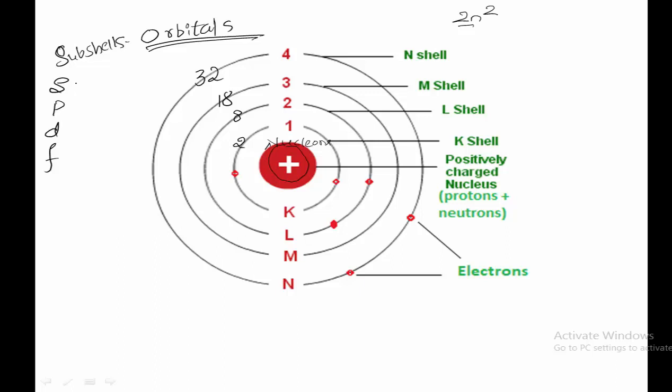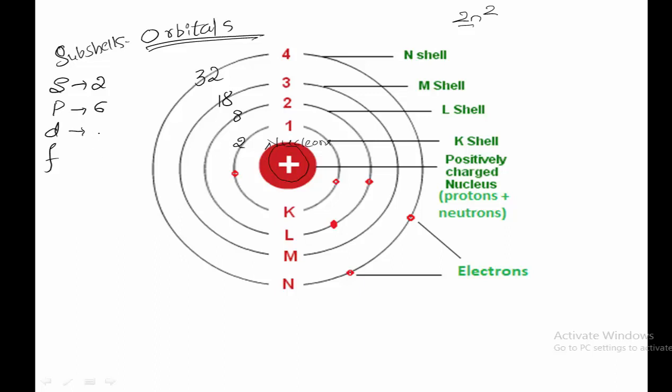The S subshell occupies a maximum of 2 electrons. In the P subshell, there are totally 3 orbitals, and in each orbital 2 electrons will occupy, and thus in the P subshell the maximum number of electrons present will be 6.